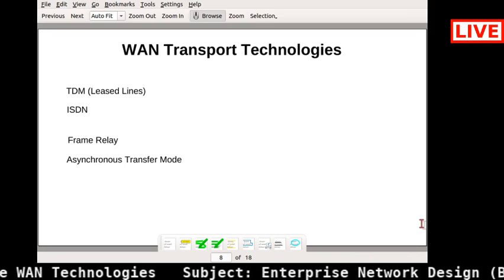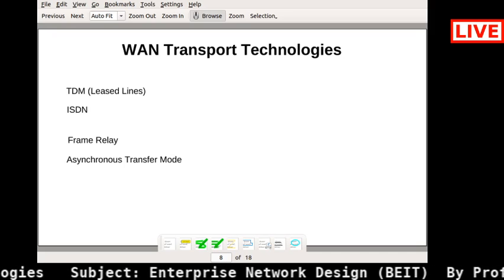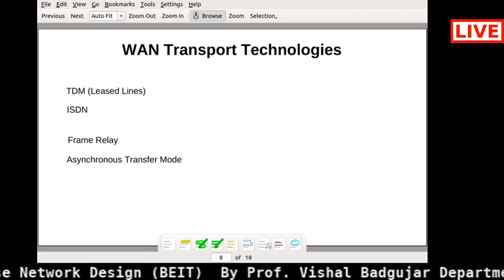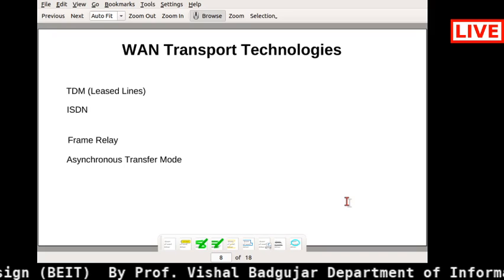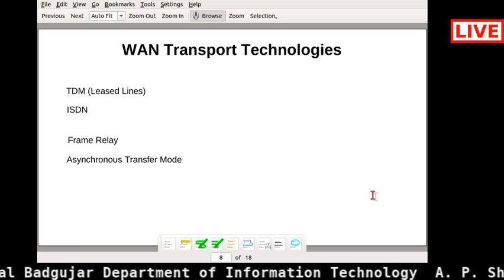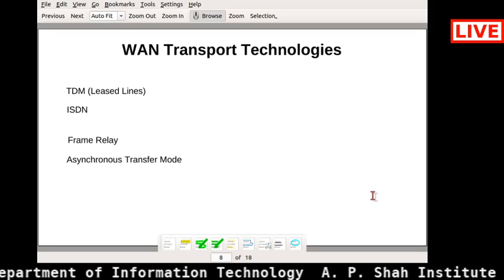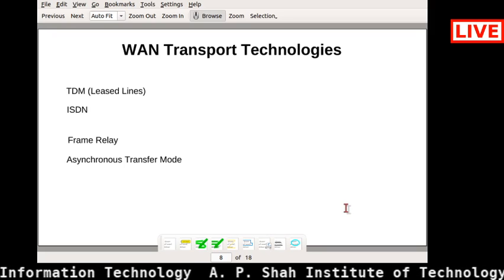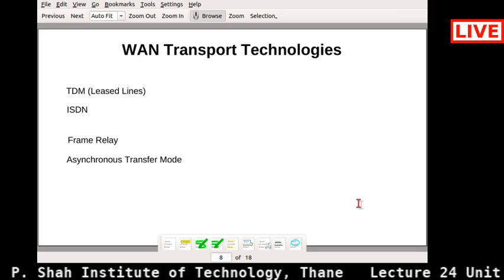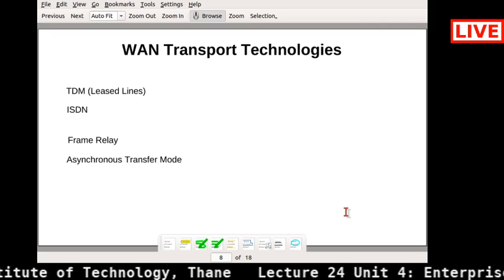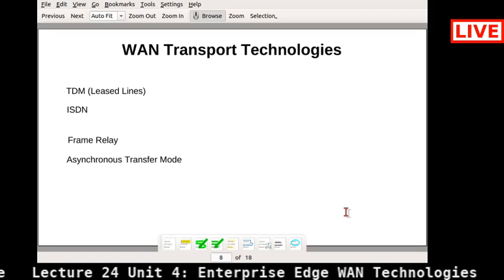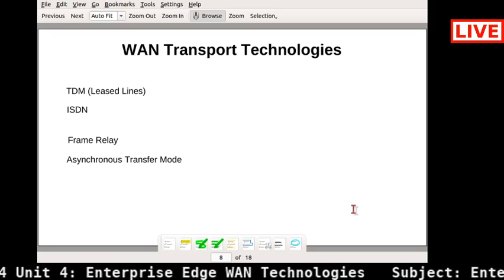It is an example we have already seen of packet switch technology, which we use for connecting network devices on the WAN. It has also been used for a very long time. Frame relay is used as an industry standard networking protocol which handles virtual circuits, with HDLC, high level data link control, encapsulation between the connected devices.